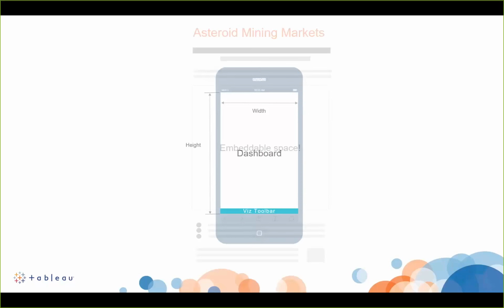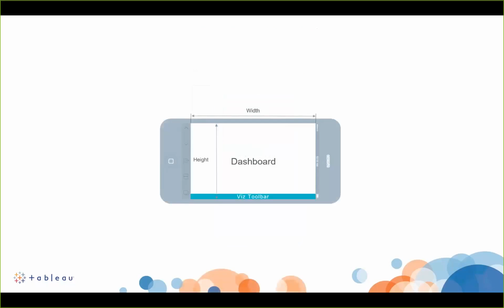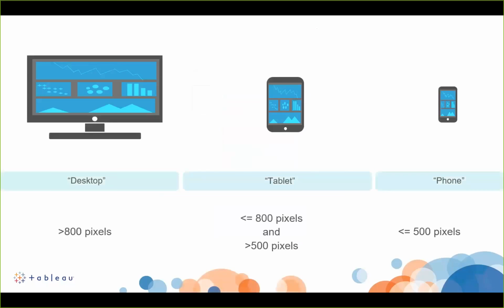So really what Tableau is going to do is examine the height and the width of the amount of space that it has to work with. It'll take that information from the device itself, and take the smaller of those two measures and use that for the pixel size.